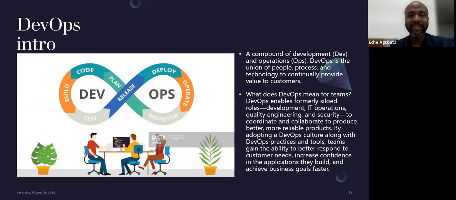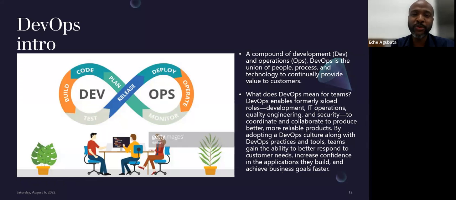For coding, DevOps does not code, but the people that code, the developers that I explained earlier, make use of different tools. Those tools are the responsibility of the DevOps person. The people that build put together the code to be deployed or tested.